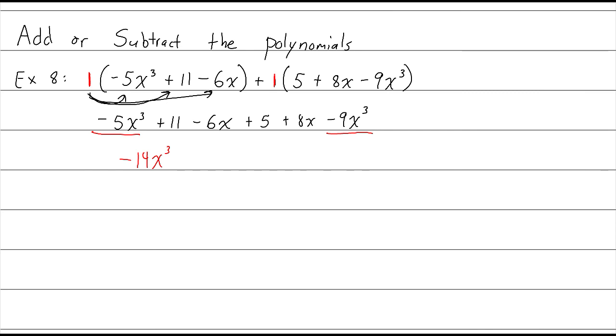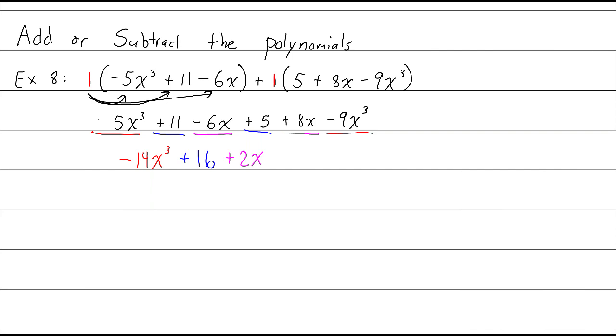I have a constant 11, positive 11, and a positive 5. 11 plus 5 is a positive 16. And negative 6x plus 8x, they're like terms, so negative 6 plus 8 is a positive 2. So positive 2x.